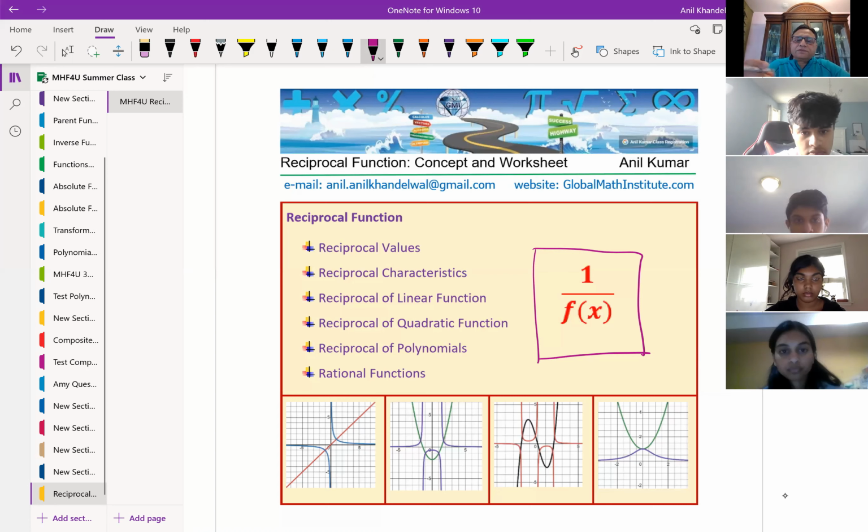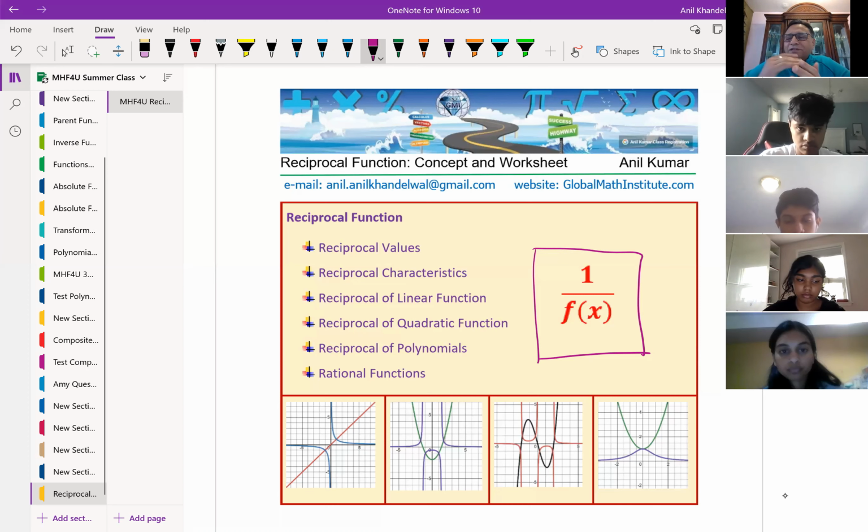I've given you some graphs here showing what kind of function it could be and its reciprocal. In these 4 graphs, there are 2 functions in each. One of them is the function itself, the other one is the reciprocal of the function, correct? You can easily figure out which graph is that of the reciprocal and which is that of the function.